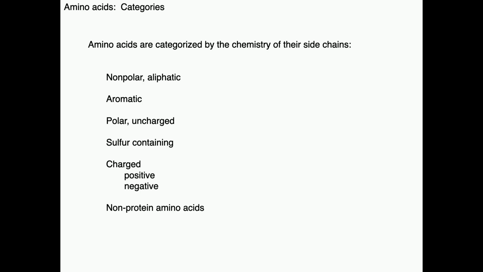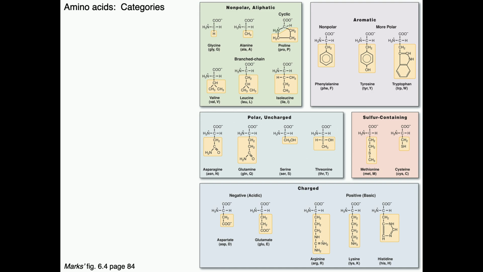I'm going to go through each one of the categories, and I'll say a little bit about the broad properties of that category, and then some little trivia properties of individual amino acids within that category.